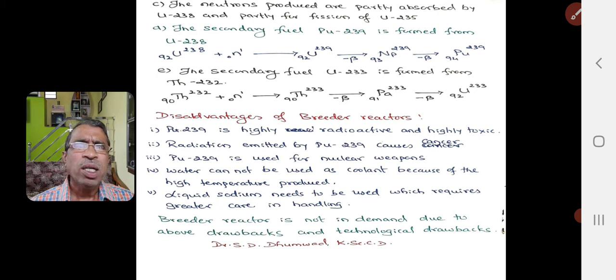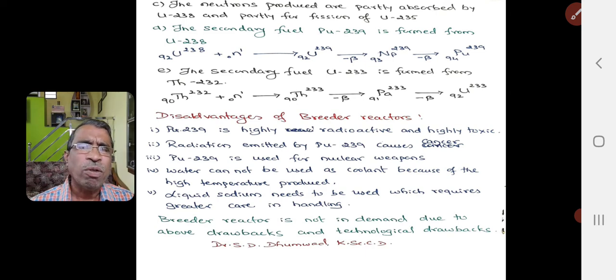So the fuel is uranium-235 and uranium-238. From the uranium-235, the neutrons are produced and also the energy we get.